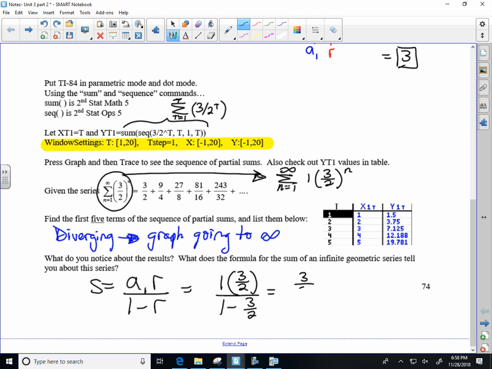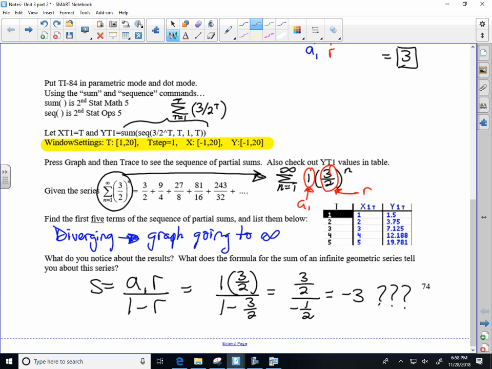So 3/2 over negative 1/2, which would be negative 3. Okay, because again, whatever your leading coefficient is, that's a sub 1. This is my r.